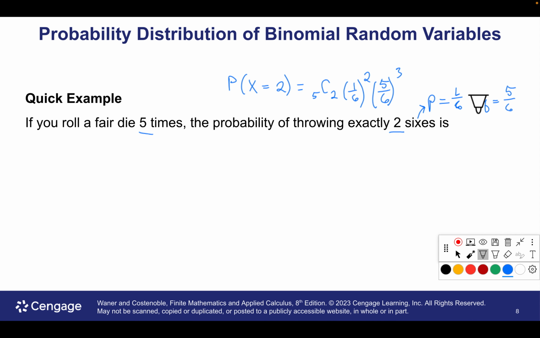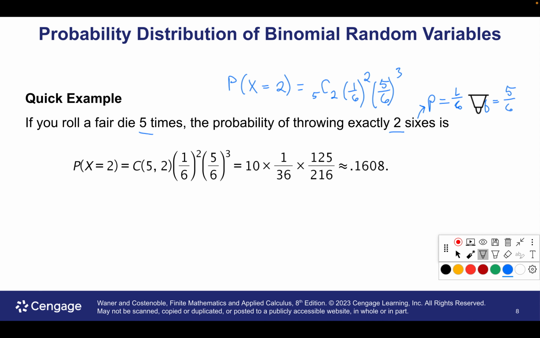So part of this is, if you can connect it to what's actually going on, and think, okay, I'm rolling some dice and getting 6, and got 2 6s and 3 that are not 6s. Okay, so the probability is actually 16% for that to happen out of 5 trials.